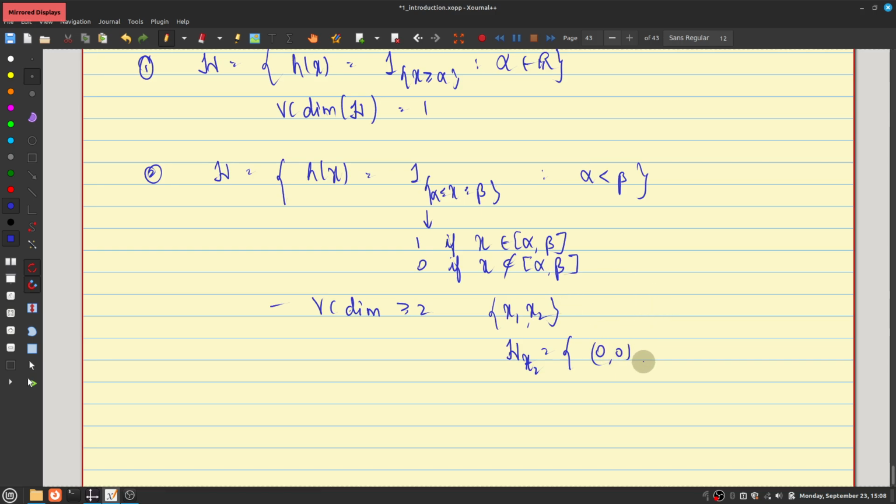You can get 1, 1 just by ensuring that alpha is less than x1 and beta is greater than x2. You can get 0, 1 by taking alpha between x1 and x2 and beta greater than x2. And you can also get 1, 0 by taking alpha less than x1 and beta between x1 and x2.